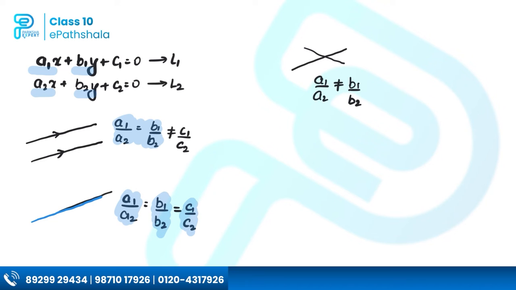Now, if we are getting a solution, it means either we are getting a unique solution or we are getting infinitely many solutions. We call the system consistent. In other words, we will say that this condition is consistent, because we are getting solutions.